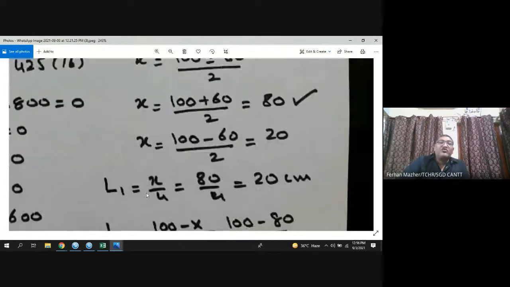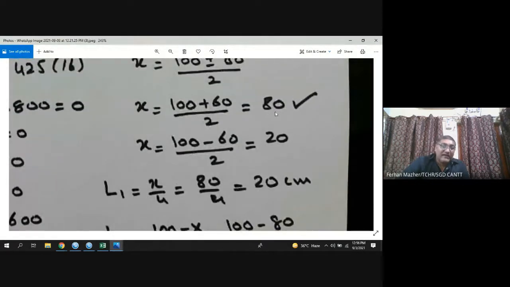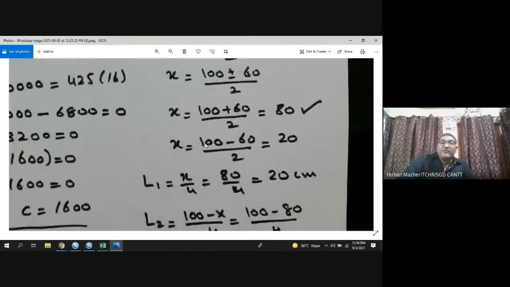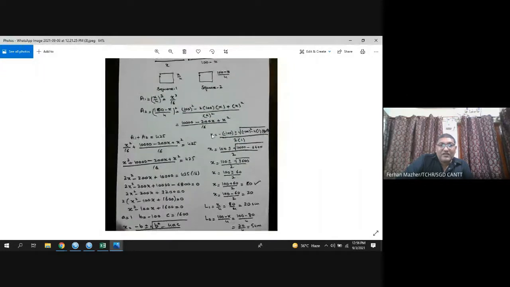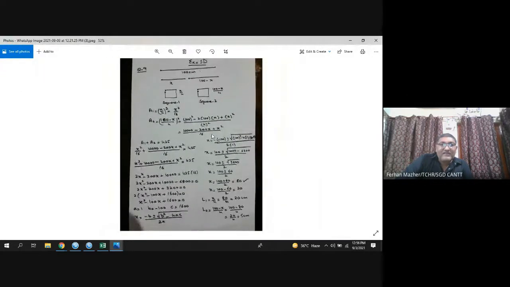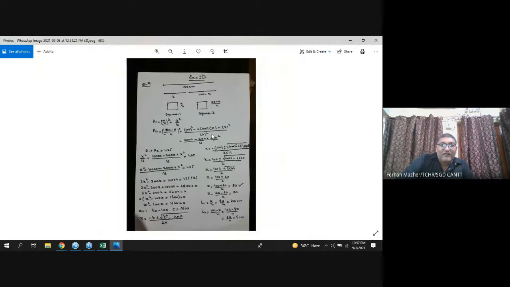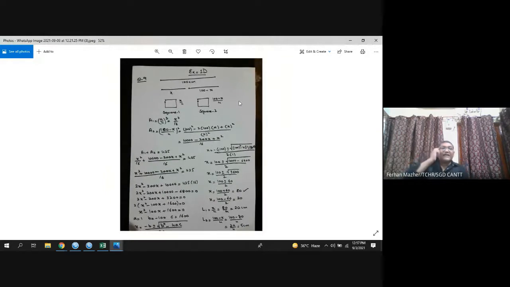Here I have used 80 as the value of x. If you put 20 as the value of x, it will give you the same answer. So there is no problem. So this is question number 9 of your exercise.